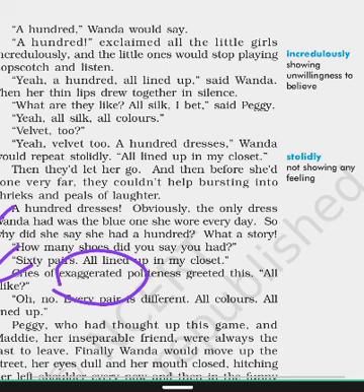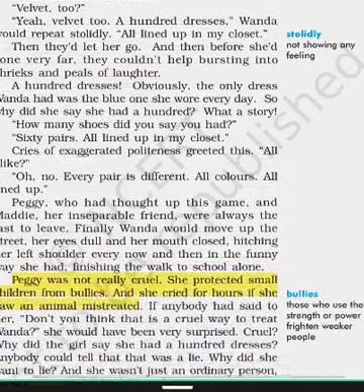After listening to that exaggeration, Peggy asks her very politely, "all alike," meaning all the 60 pairs of shoes are the same. Then Wanda Petronsky replies, "Oh no, every pair is different, all colors, all lined up." Okay, now next one.